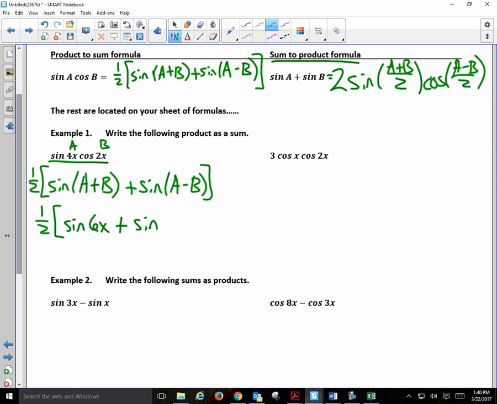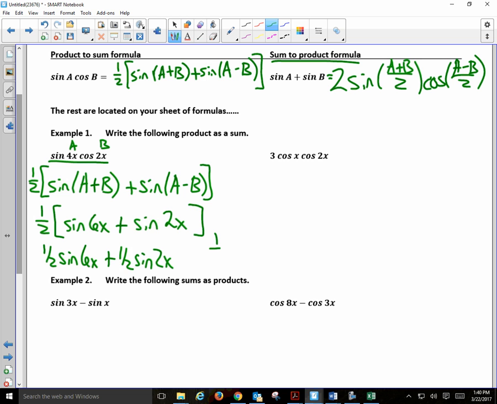Plus sine of 2x. Done. You could write it like this: 1/2 sine of 6x plus 1/2 sine of 2x.